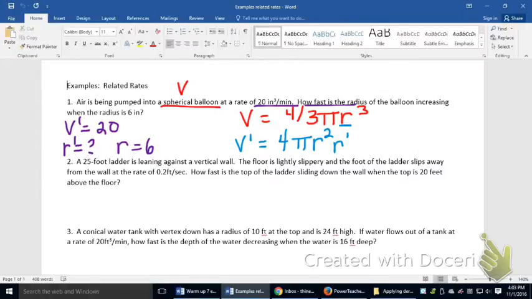And then we multiply that by R prime because everything is changing over a certain period of time. Everything is a function of time, so there's primes everywhere. Then I'm going to plug in what I know. I know that 20 is V prime. I know R is 6, so that's 36. And then I know that I'm looking for R prime.